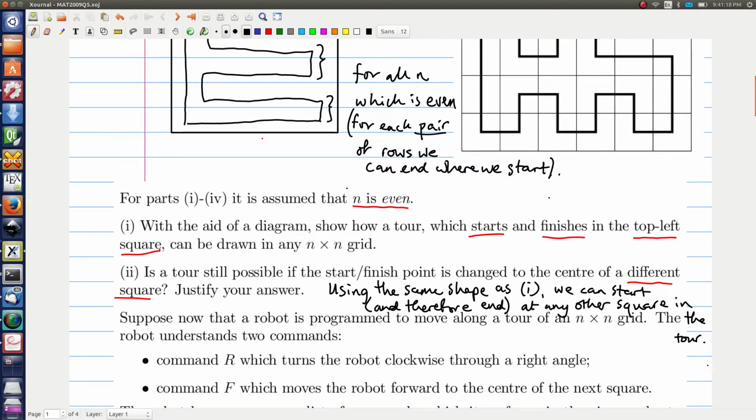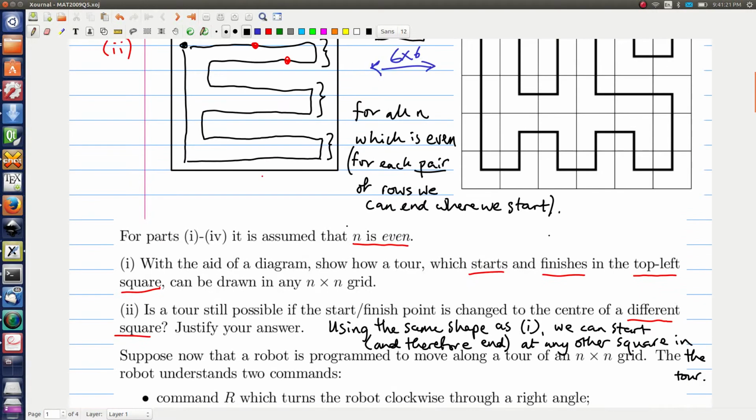Yeah, something like that. Okay, part 2 was very easy if you just take a moment to think about it.